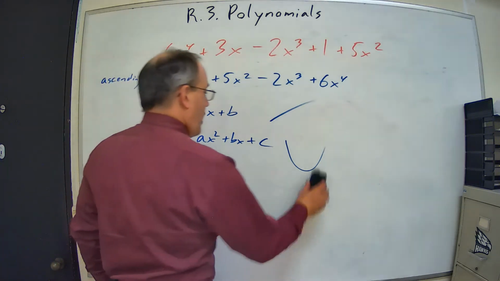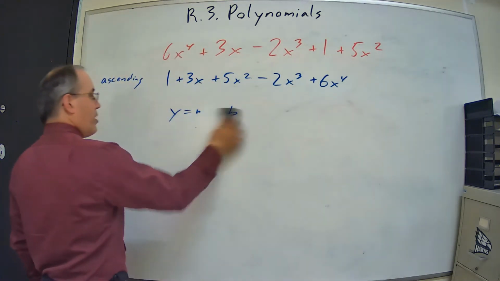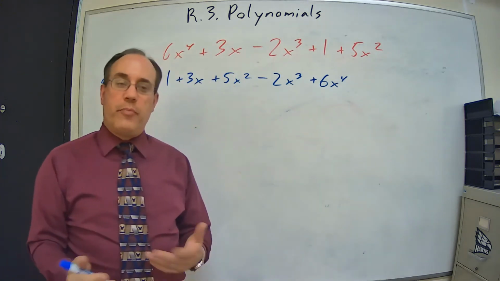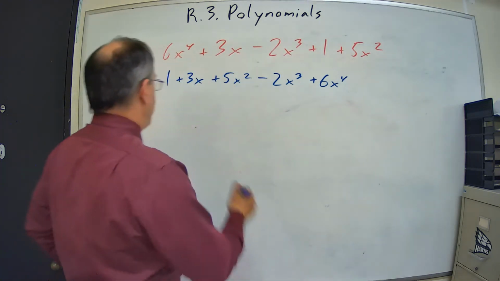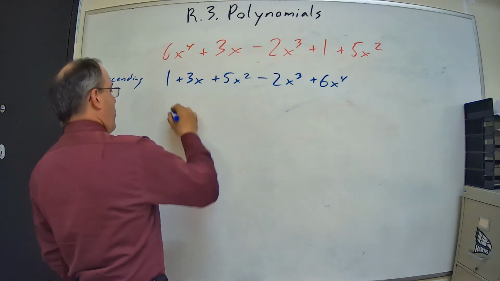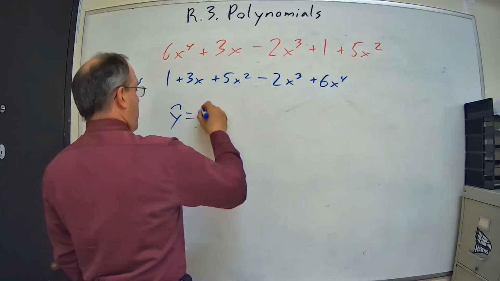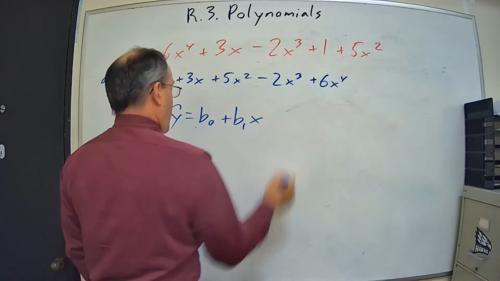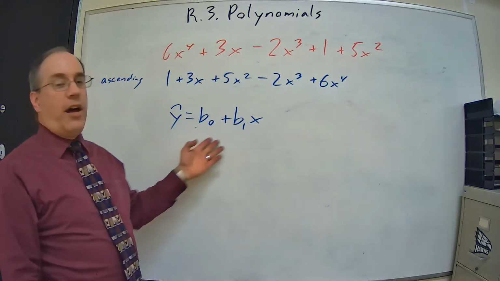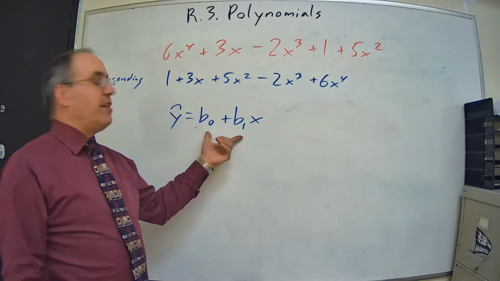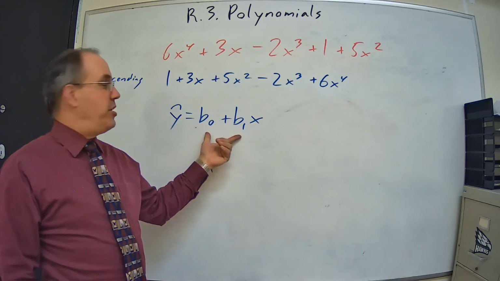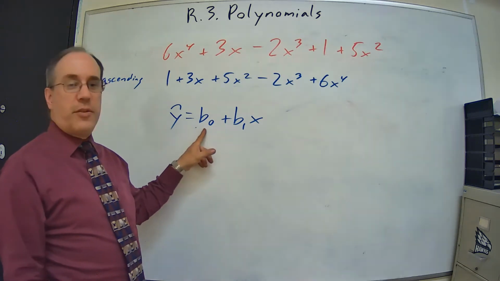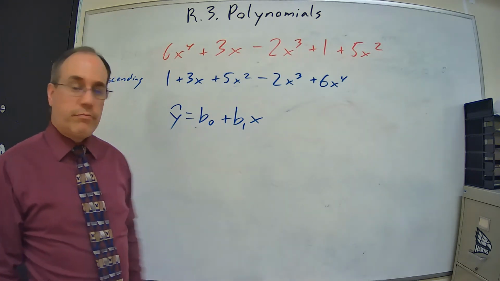Well, if we're trying to create a regression and we don't know what degree polynomial is going to best represent it, we can start out with a generic form, y hat is equal to b sub 0 plus b sub 1 x. We're in ascending order. This is a linear equation, mx plus b. b sub 1 is the slope, b sub 0 is the y-intercept.